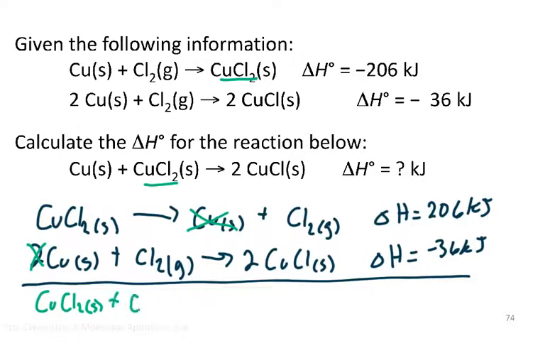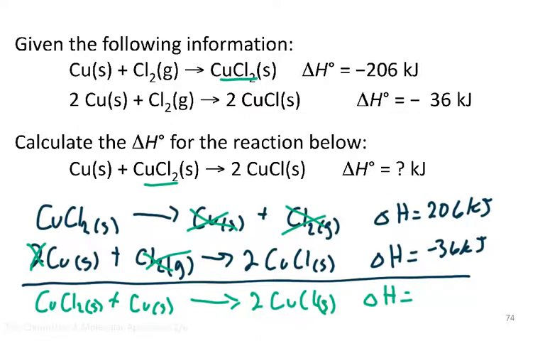So then I have plus copper solid goes to, my chlorine gases cancel out, and I'm left with just the 2 CuCl solid. So then I can add those two together and find my delta H is equal to 170 kilojoules.